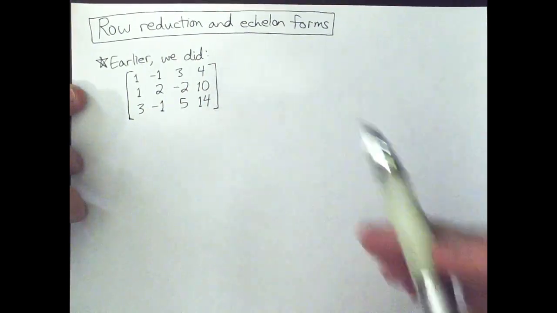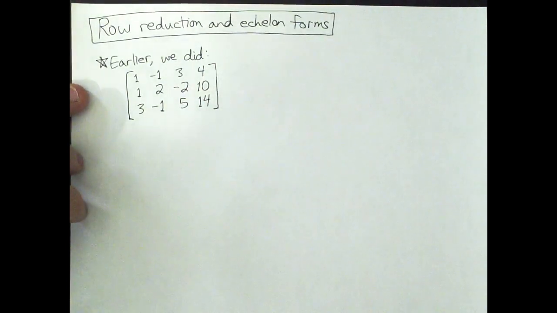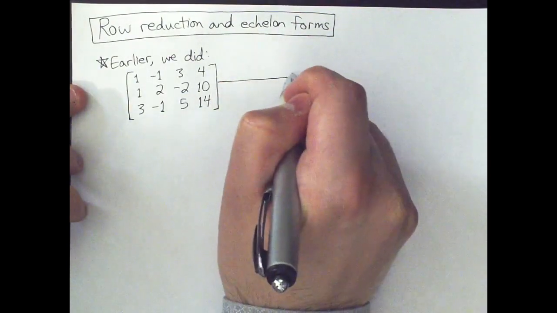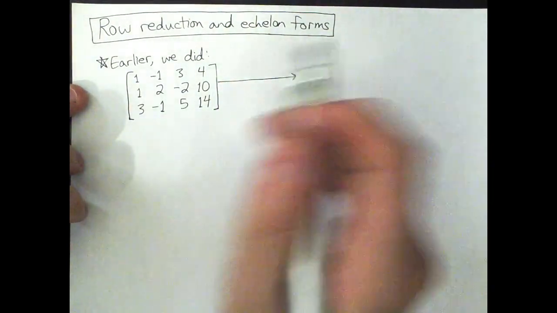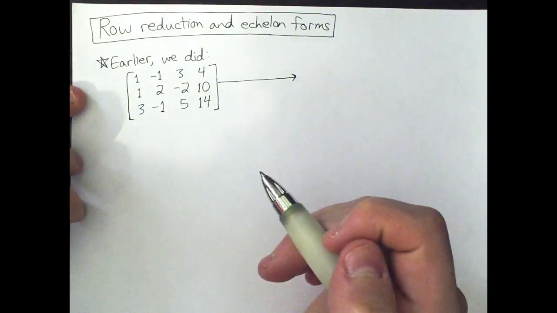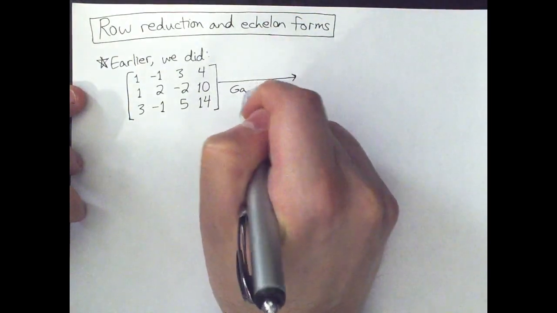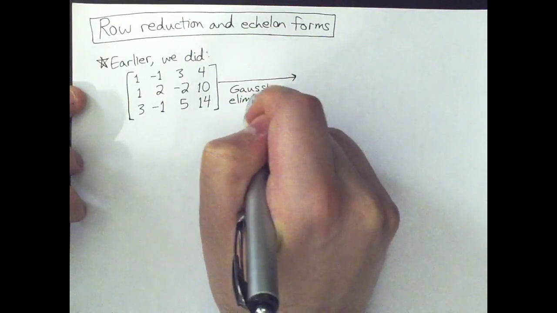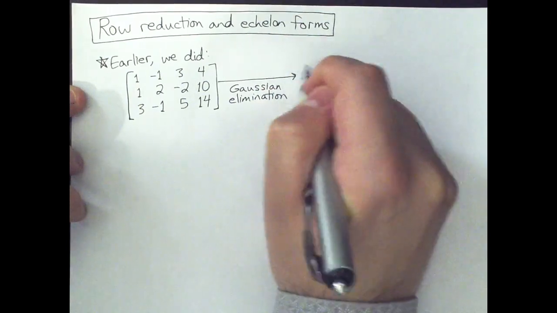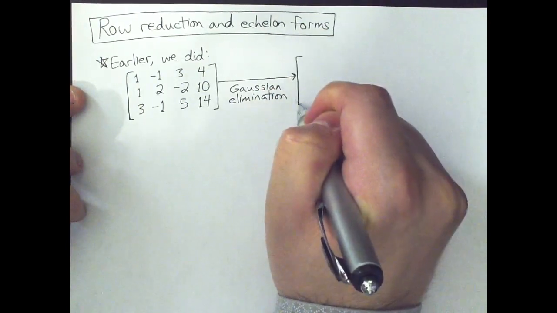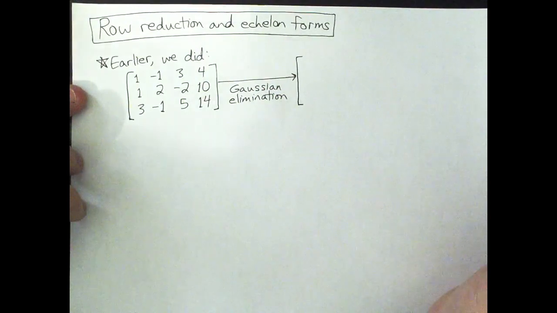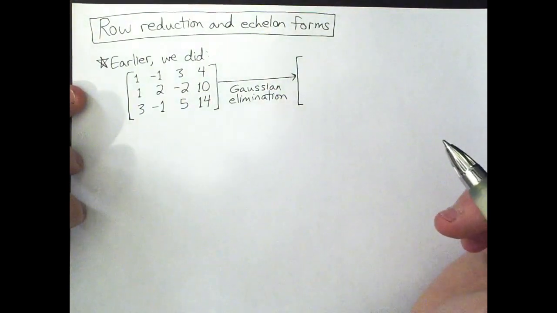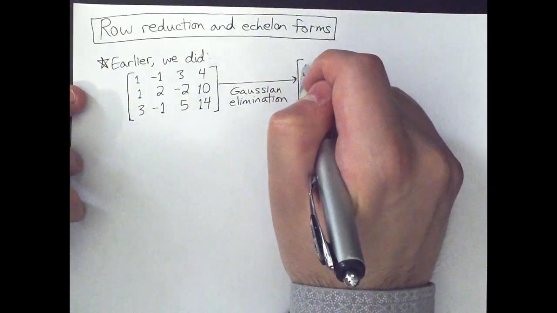Remember the right-hand side was 4, 10, 14. So that was one of the systems we looked at, the augmented matrix for it. And we did a bunch of steps, which all together are known as row reduction or Gaussian elimination. We did that to try to get the system into triangular form, because once it's in triangular form, we can use back substitution to find the solution.